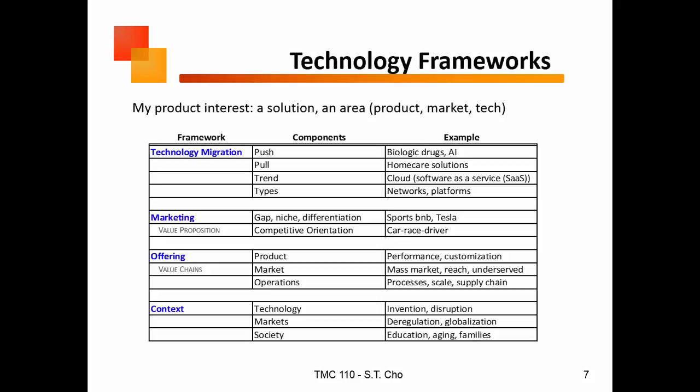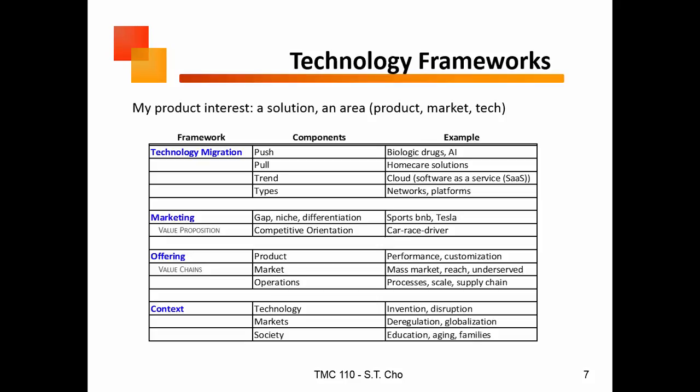And that means if I'm interested in a particular market, I'm looking at gap niches or differentiation, or I'm looking at how I'm going to compete in that market. Like, I'm more interested in applying technology. How is that going to get it? Or maybe I just want to outcompete other people. So what do I look for? What's out there?